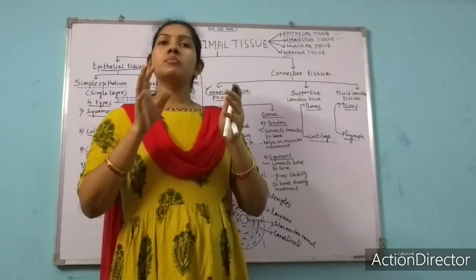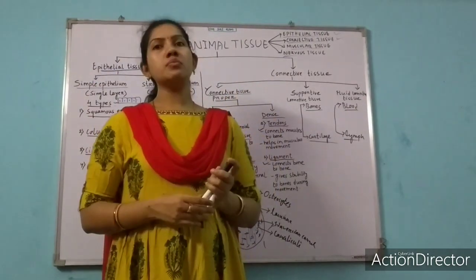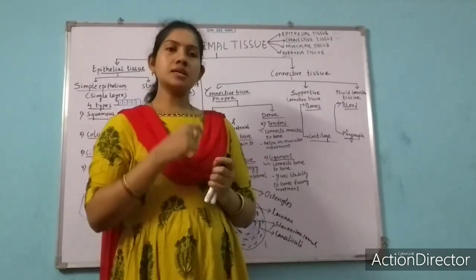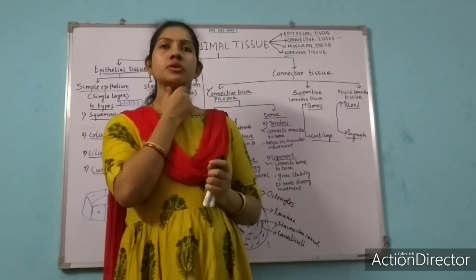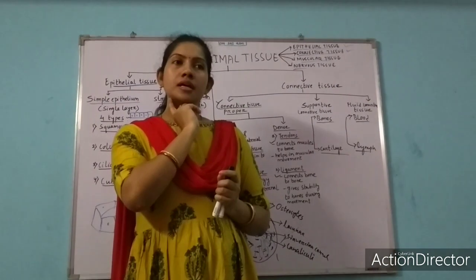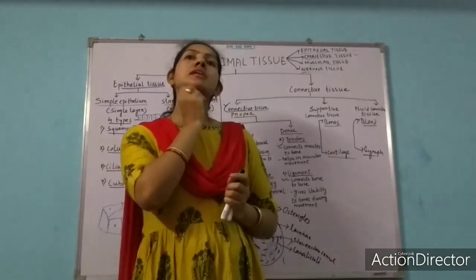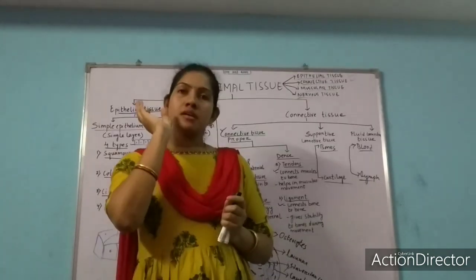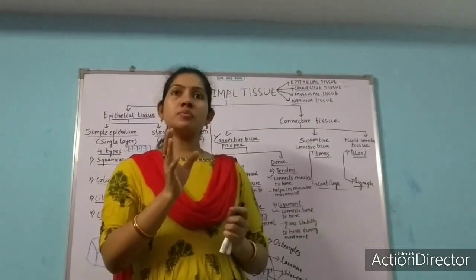So lymph provides protection to our body against some microorganisms. One simple example I am giving: tonsil. Tonsil is an organ which has lymph. We call them the lymph nodes. Tonsils protect our body.